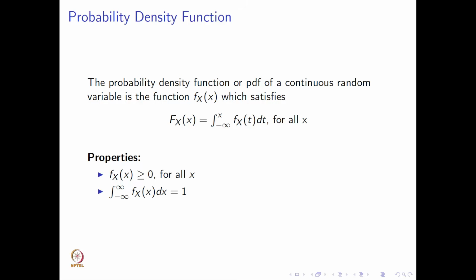Similar to the PMF, the probability density function should also satisfy the following properties. First of all, the probability density function should be non-negative for all values of x. Second, integrating over the entire range, the probability density function should sum to 1.